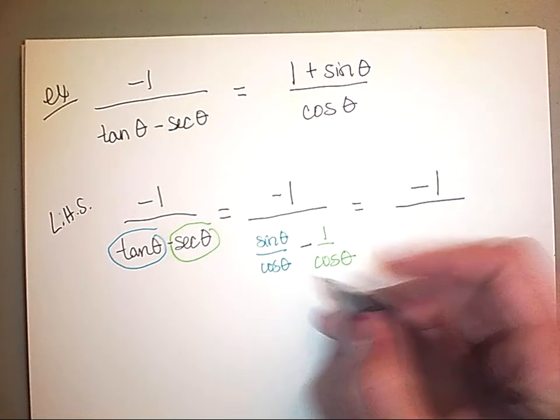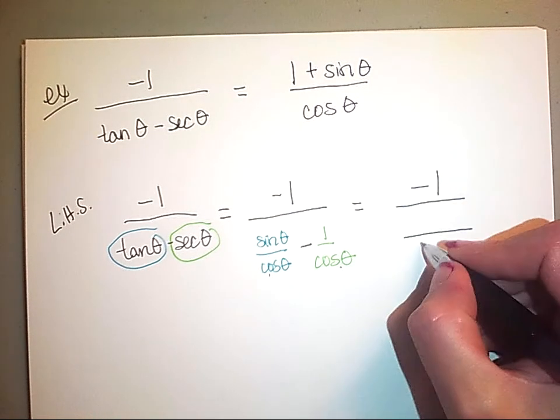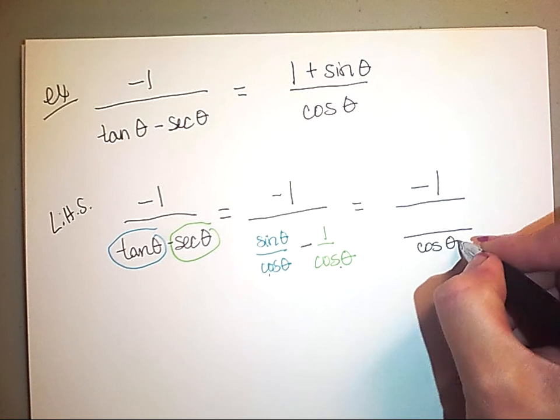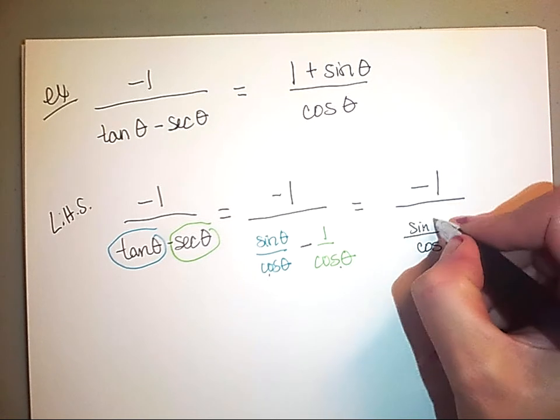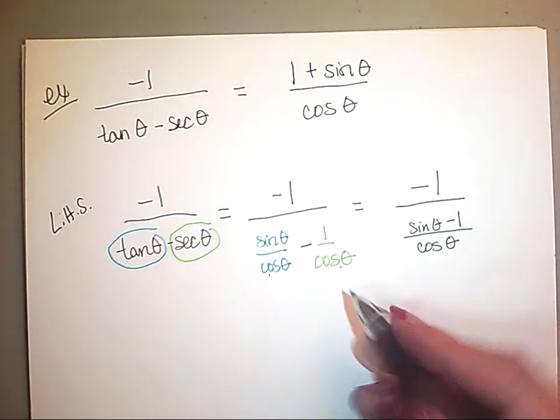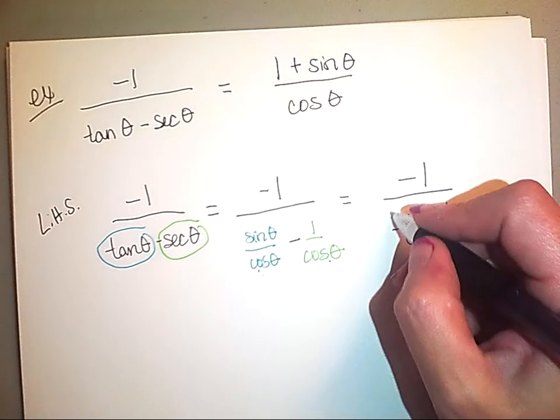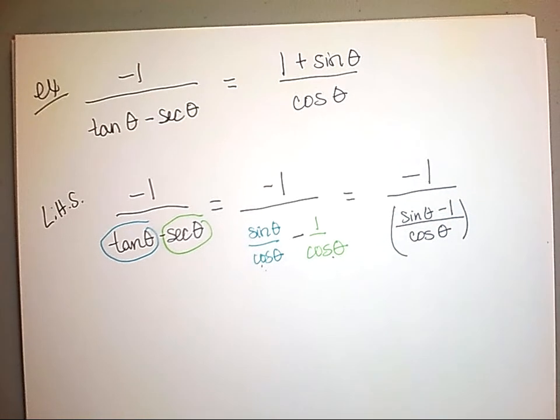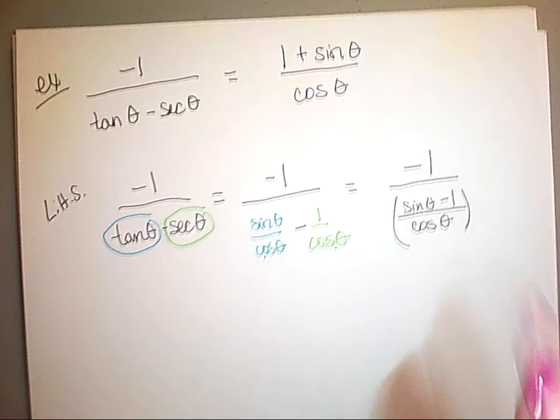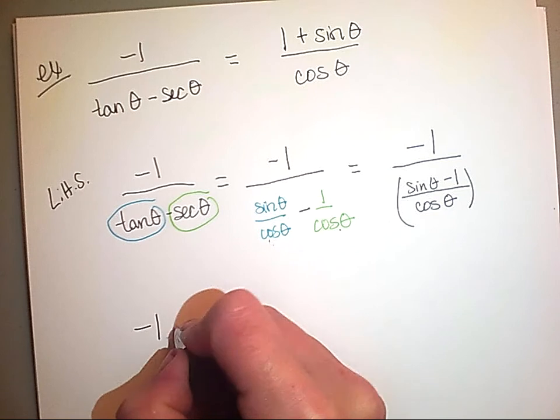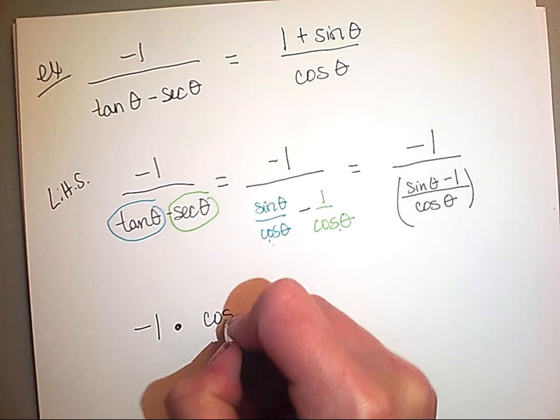Alright, now let's simplify that denominator, because we have a common denominator of cosine. Okay. So this is sine of theta minus 1 now, over the cosine. Alright, so when we're dividing with fractions, let's invert and multiply.